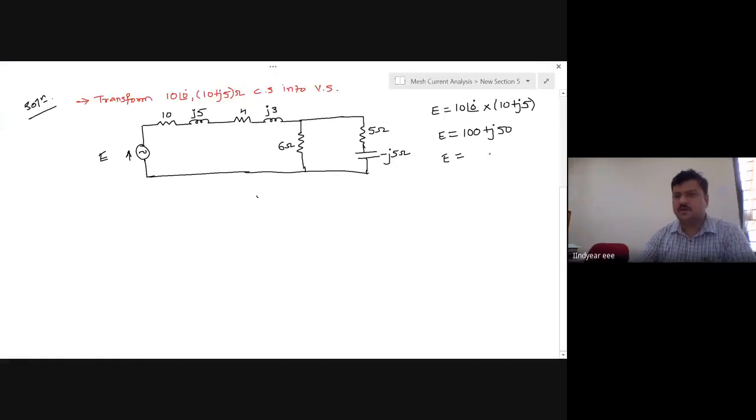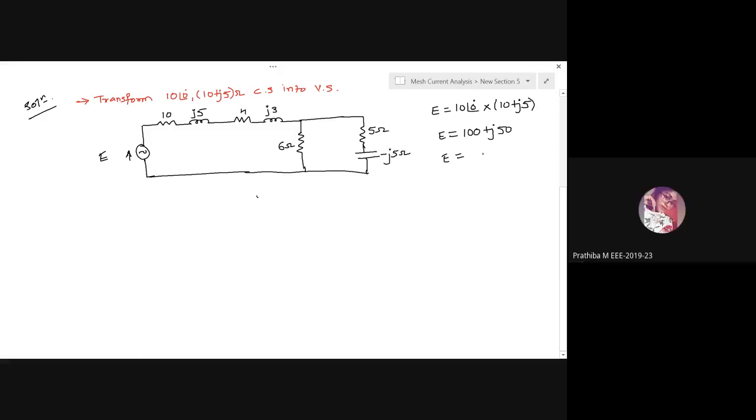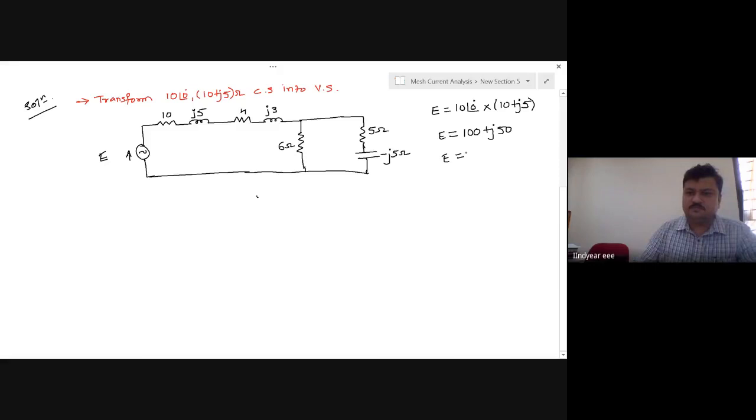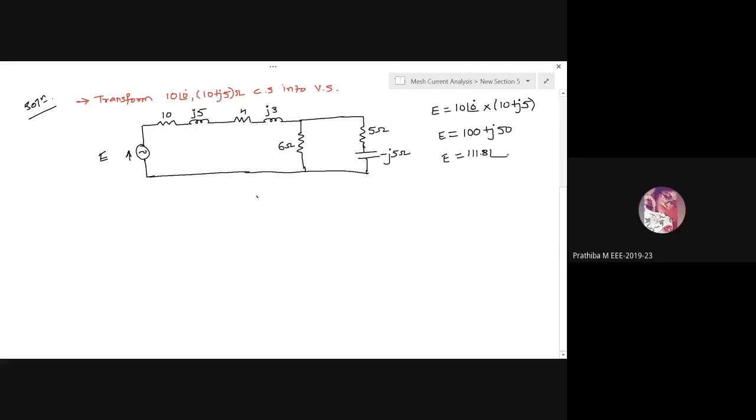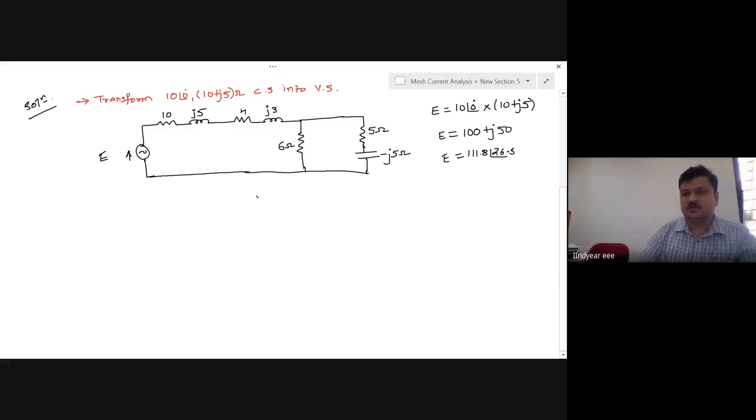Now what is this value in rectangular and polar form? 100 plus j50 is 111.8 at an angle of 26.5 degrees. So this is 111.8 at an angle 26.5 volts.